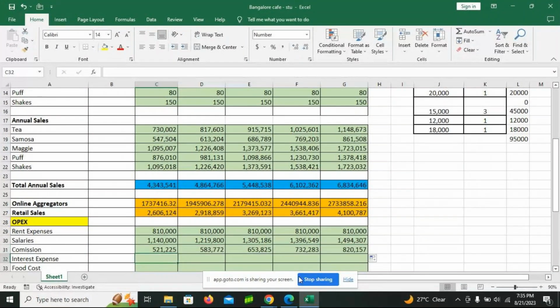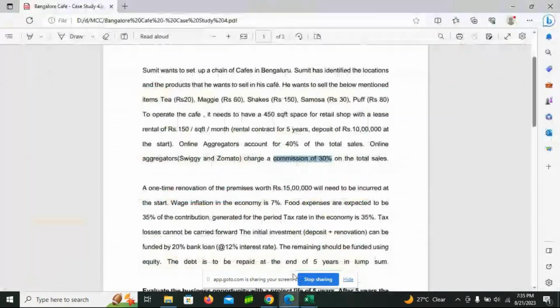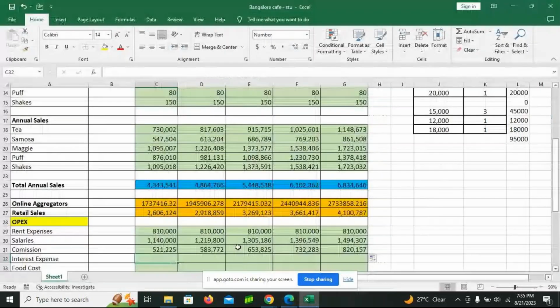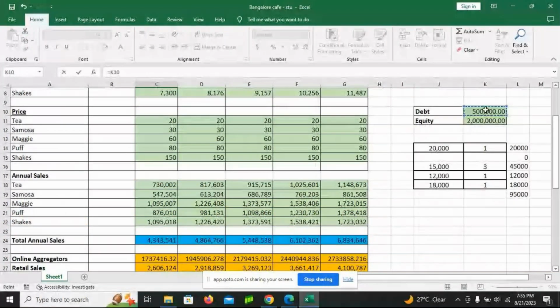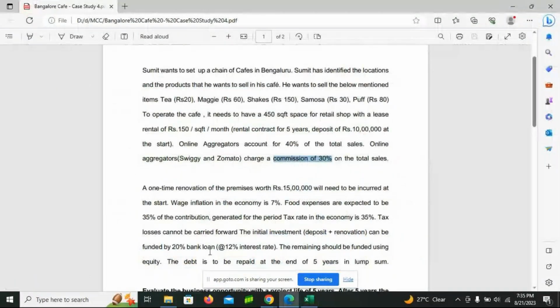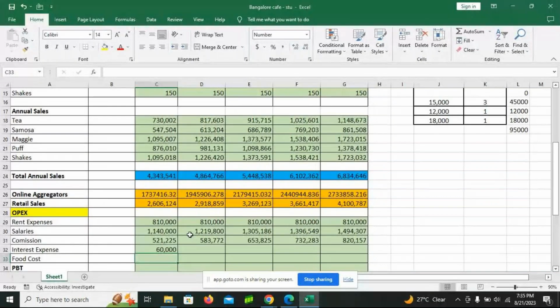Then interest expenses. Bank loan, 12% interest. So equals into 12%. This is going to remain the same, equals 60,000.